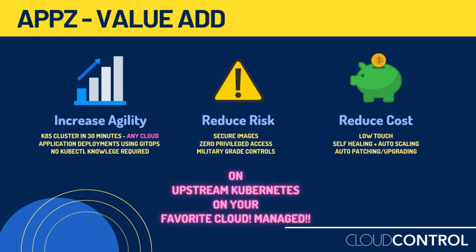Now, reducing the risk. As you could see in today's webinar, we did not log into any interface, whether it was the Kubernetes cluster, the cloud, or a private data center. As a developer or an operator, I am just interacting with my GitHub repository.